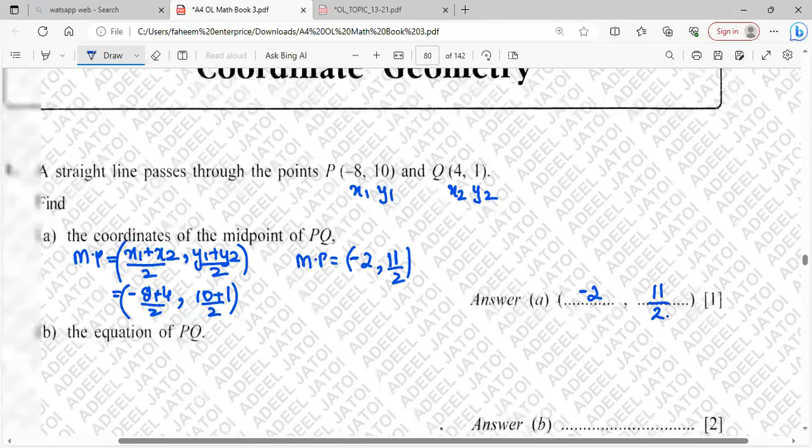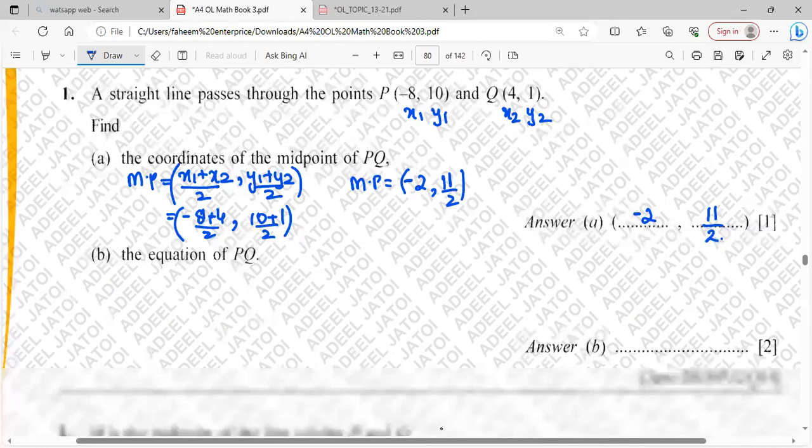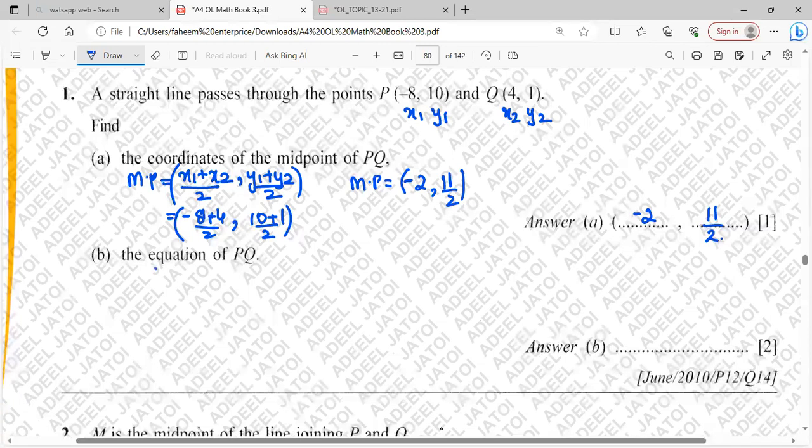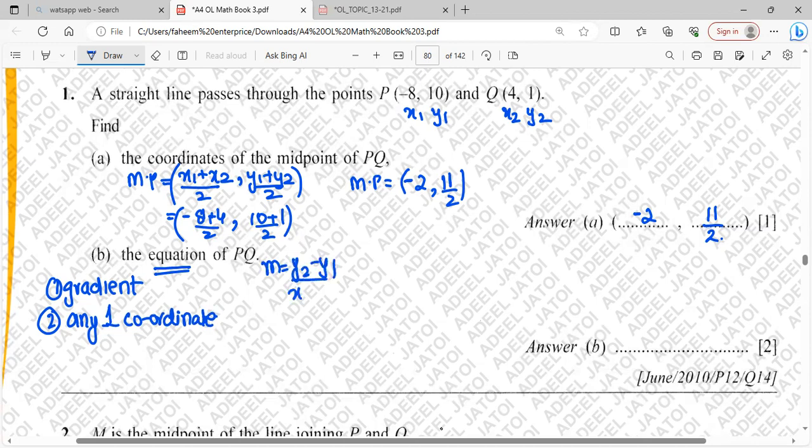Similarly, part 2. The question says equation of PQ. For an equation, you need gradient and any one coordinate. So, using P and Q, your gradient formula is y2 minus y1 upon x2 minus x1.